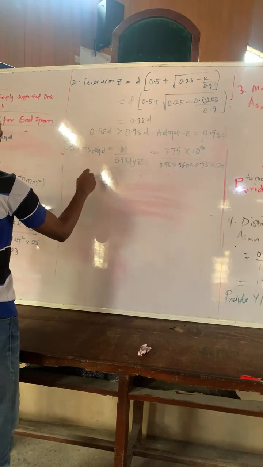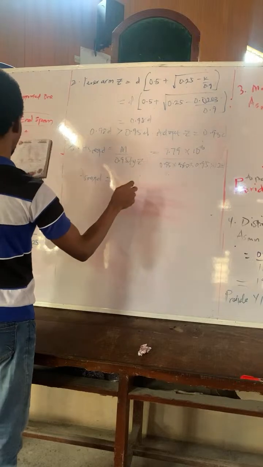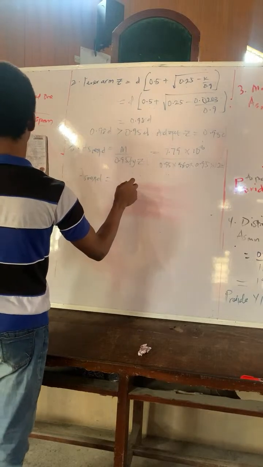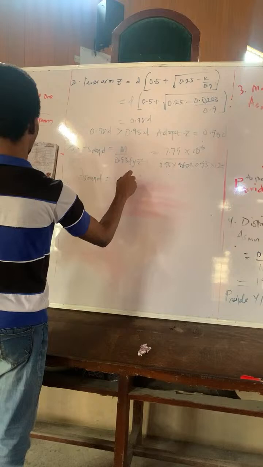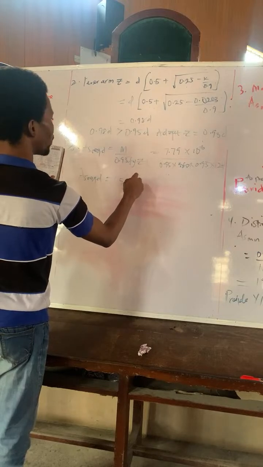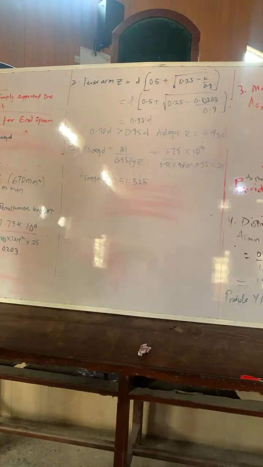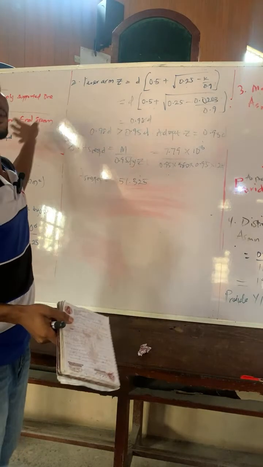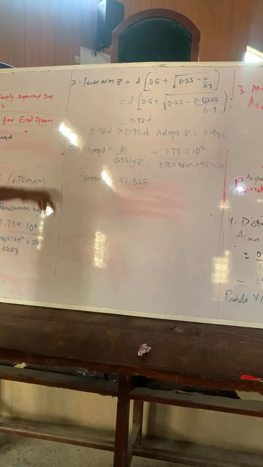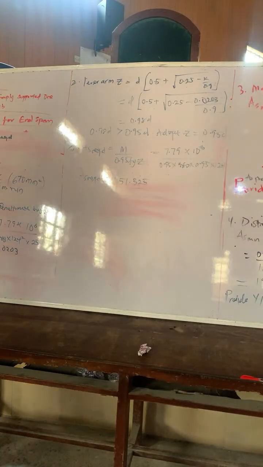Then our AS required equals 151 points. You have to follow it step by step.